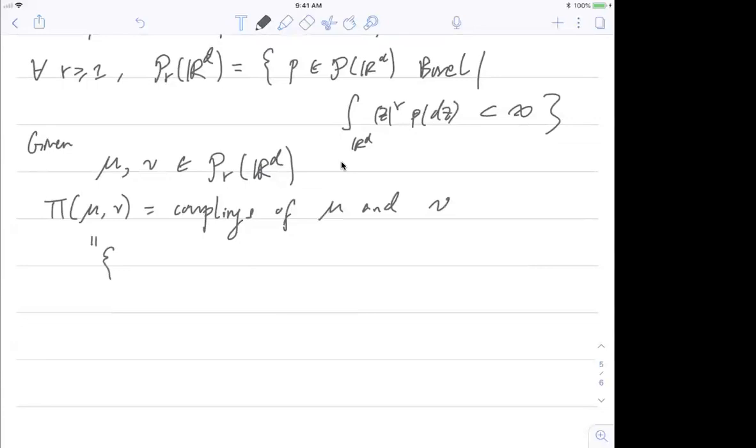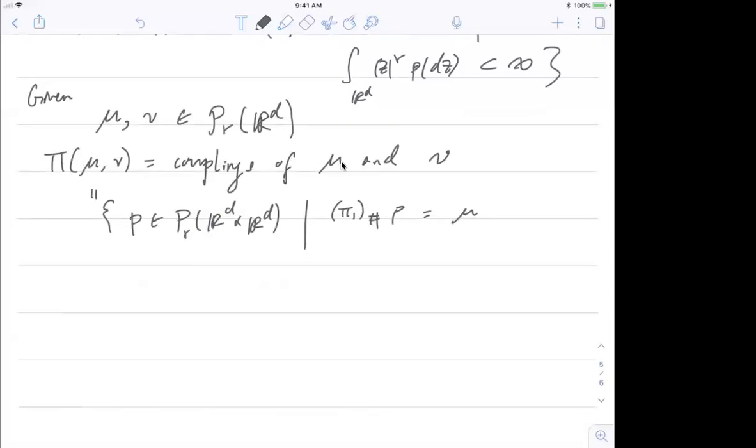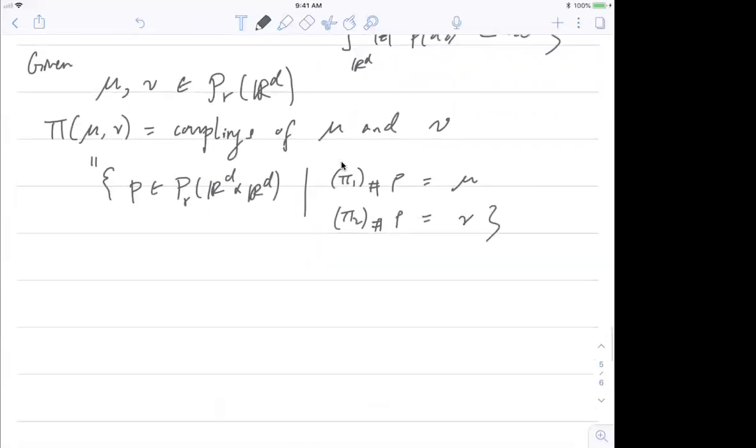The coupling means all the probability measures in the space P_r(R^d times R^d) such that if you project to the first coordinate, you get mu, and if you project to the second coordinate, you get nu. Of course we don't need this r here, but you can check that any coupling of mu and nu has finite moment of order r.